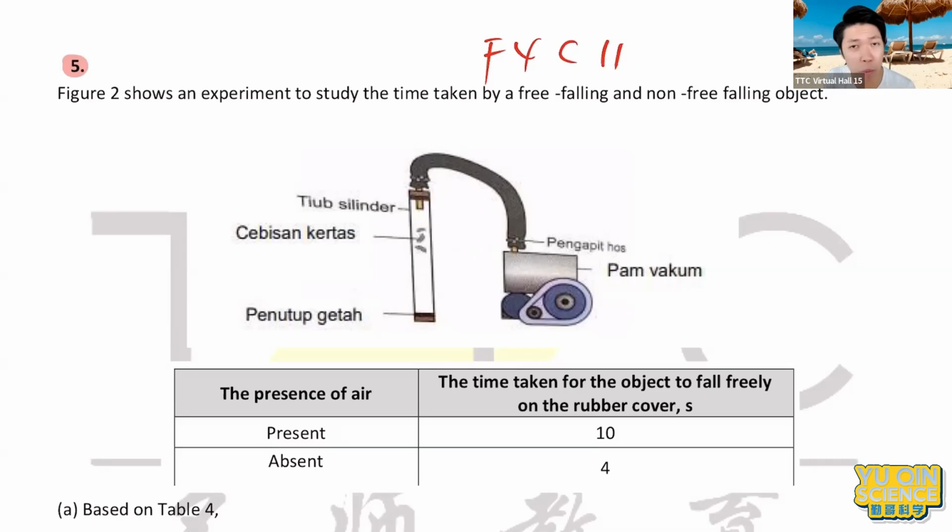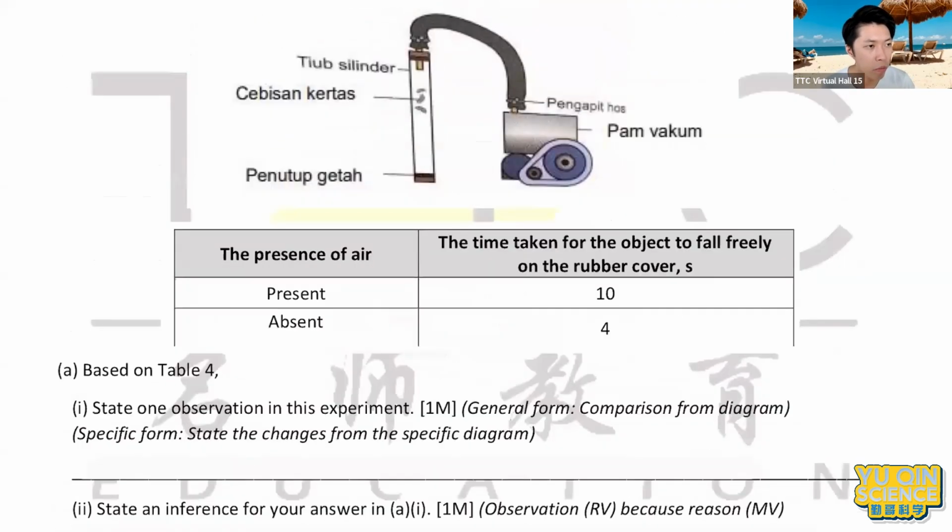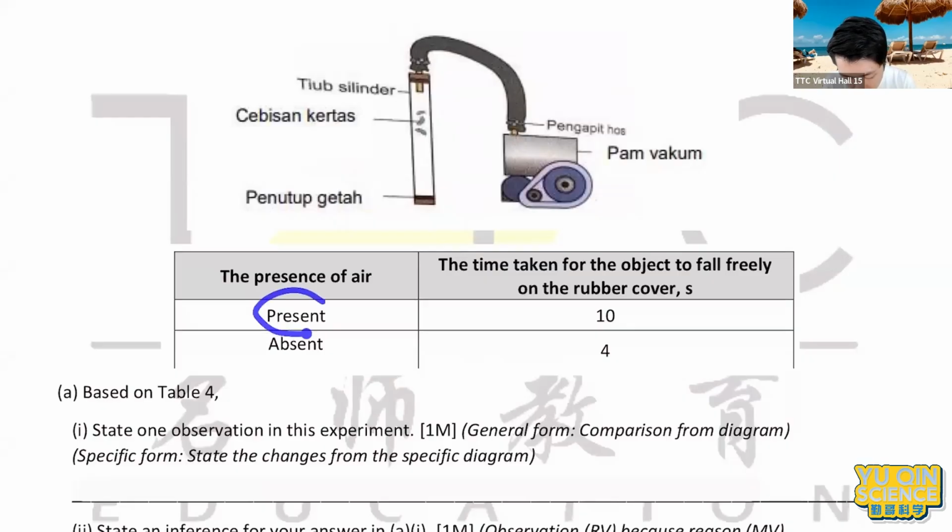Velocity, speed, displacement over time, take a timer, inertia, free falling. There's this little topic called free falling. Okay, with presence of air, free fall takes 10 seconds. Without air, takes 4 seconds. These are paper strips, or pieces of paper.